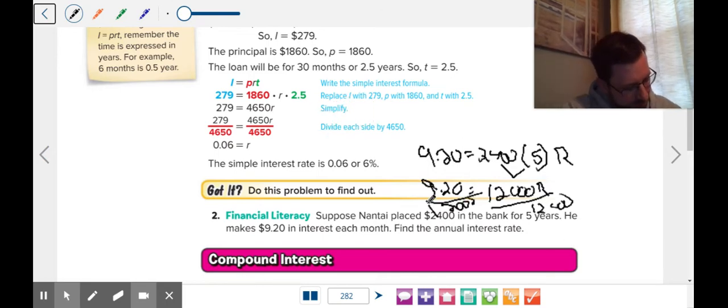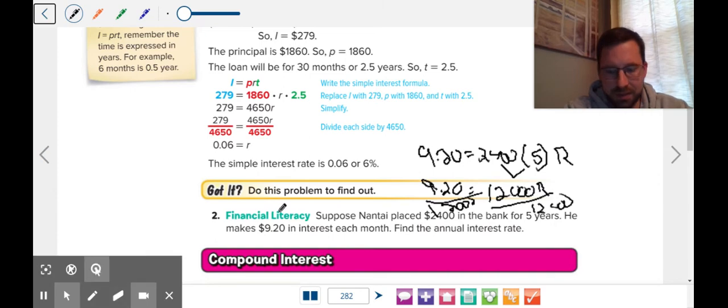So our answer, 9.2 divided by 12,000 is 0.0007666. This is a terrible interest rate. That is like no money. Did I do this right? That's so small. It just doesn't even seem real.